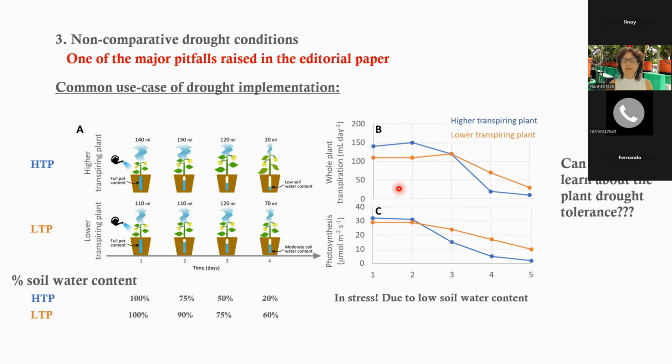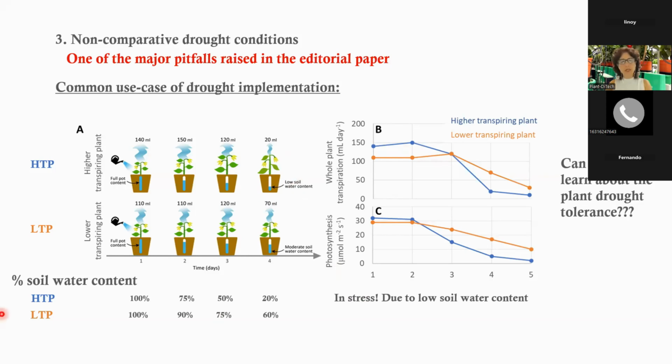It became stressed because it had no water availability anymore in the soil by day 4. So on days 3 and 4 it struggled because it didn't have enough water capacity in the soil, not because it is drought tolerant.